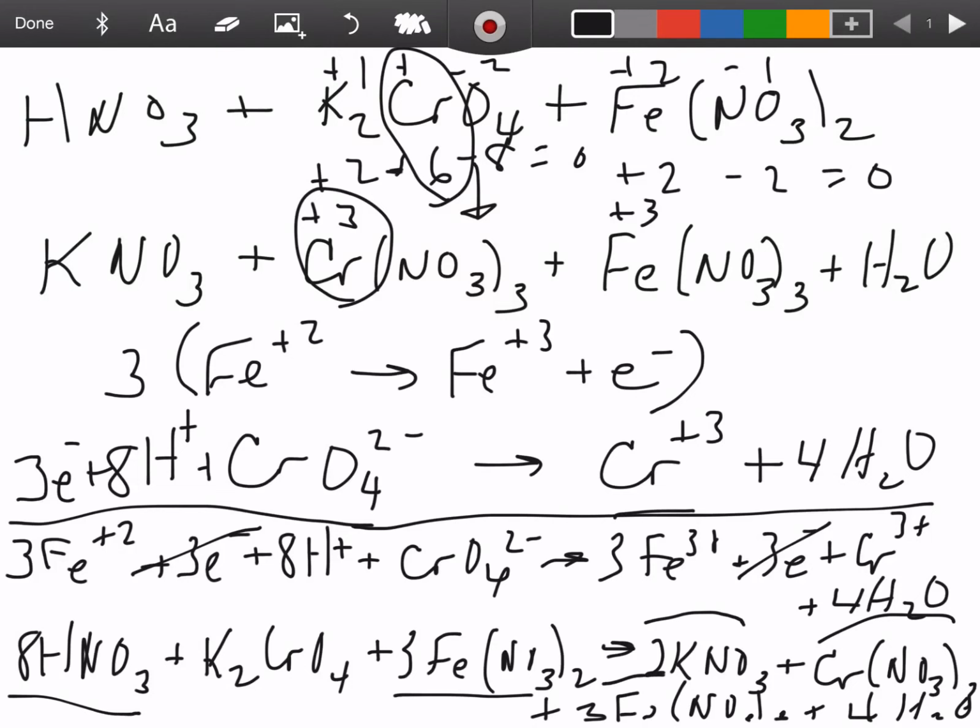Down on the very bottom, I have 3 times 3 is 9, so that's 9, 10, 11, 12, 13, 14 nitrates. So 14 nitrates on the products, 14 nitrates on the reactants, and everything looks good.